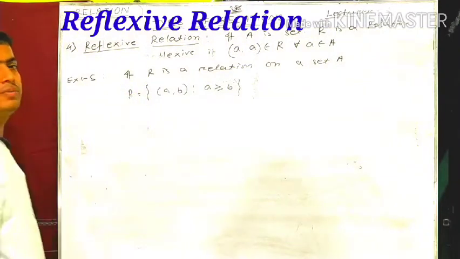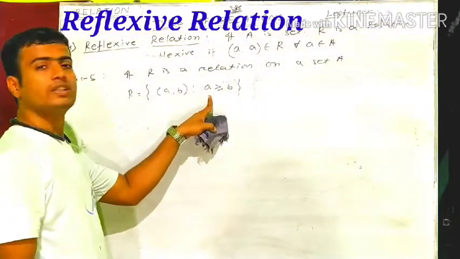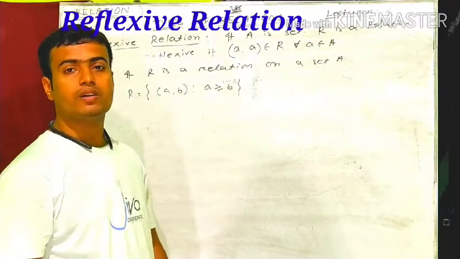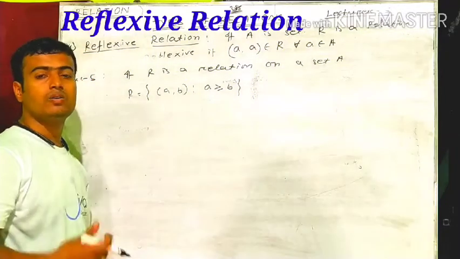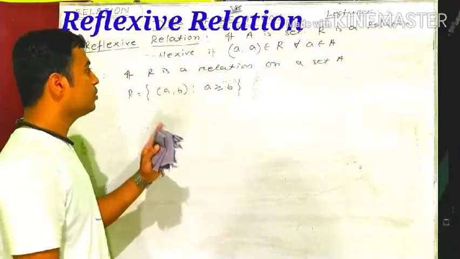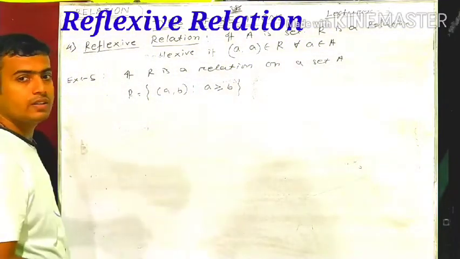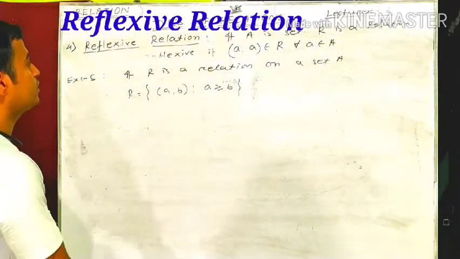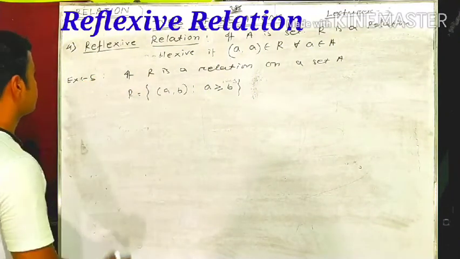This relation is also reflexive, because a greater than or equal to b means either a equals b or a is greater than b. So (a, a) belongs to R for all a belongs to A. So this relation is called a reflexive relation.